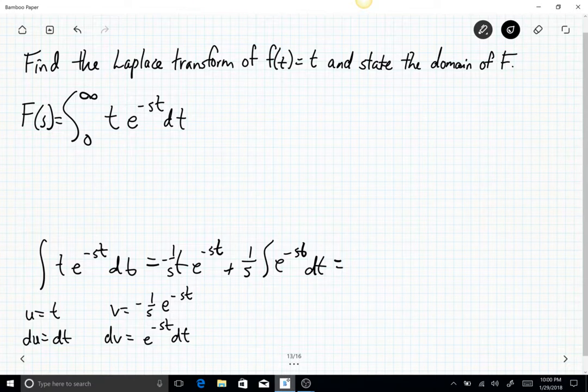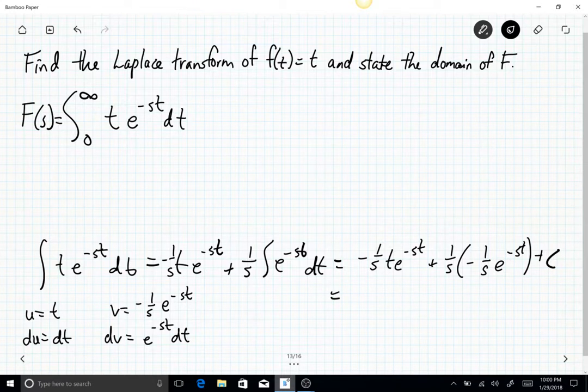So this thing becomes negative 1 over s, t e to the negative st, plus 1 over s times, we already know that antiderivative is negative 1 over s again, e to the negative st, and then plus some constant c.